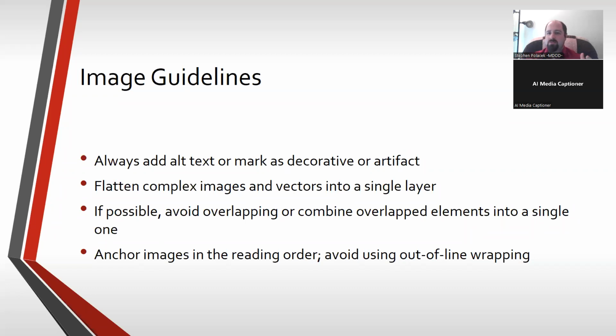Any complex images or vectors that you're using, try and flatten them into a single layer. Or sometimes you have to export them in order to make them function as a single object. The reason I say that is because when you're remediating the document, or if you're doing any work in Acrobat Pro afterwards, there are occasions where things will fall back in the layer order because as you're tagging them, for whatever reason, Adobe isn't interpreting it correctly or is interpreting it in a different manner.